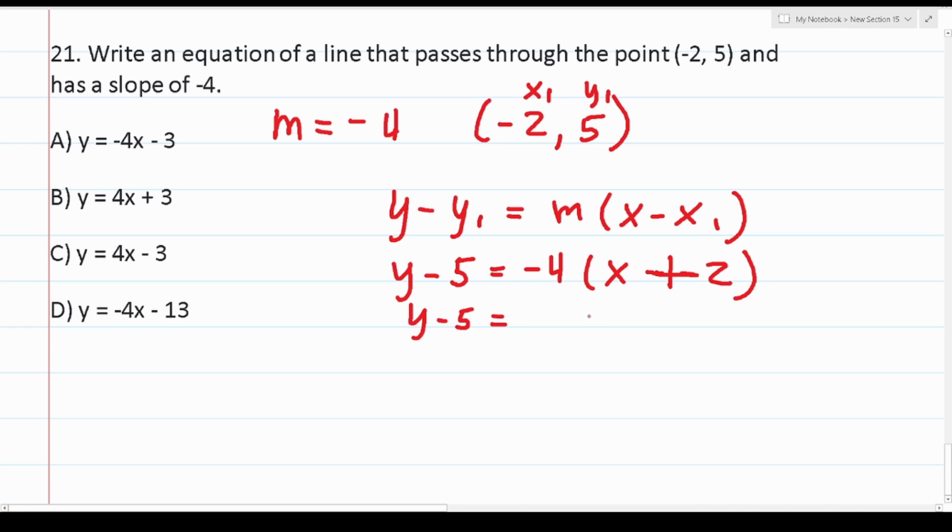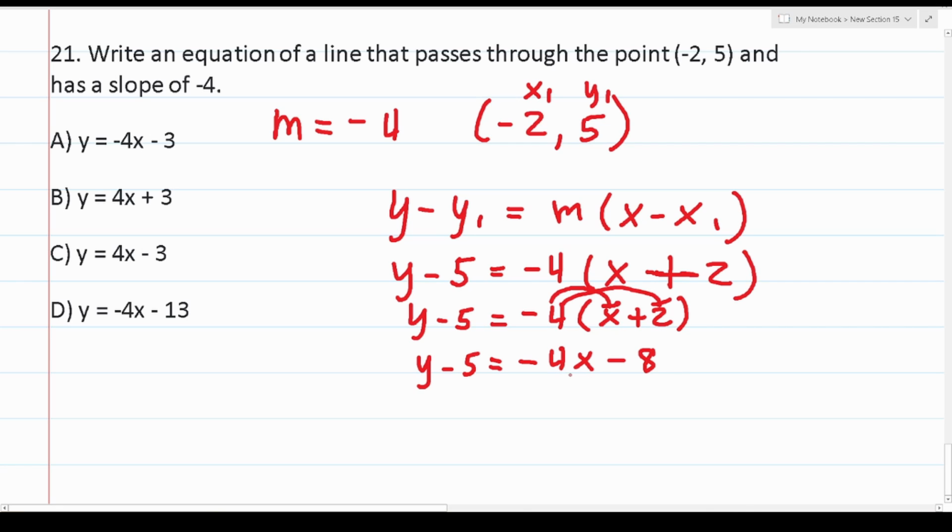Again, negative negative is the same as positive. So this is negative 4 times x plus 2. Now as our next step, let's take this negative 4 and distribute it to this x as well as to this 2. So this becomes y minus 5 equals negative 4 times x, which is negative 4x. Negative 4 times positive 2 is negative 8.